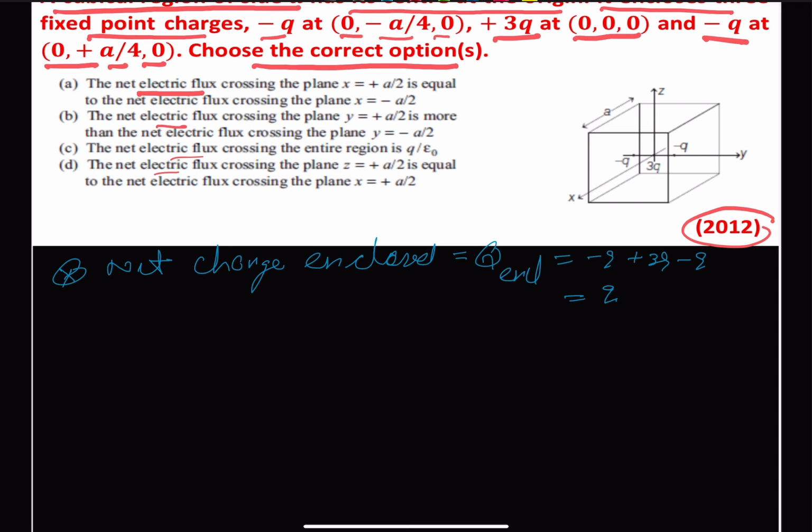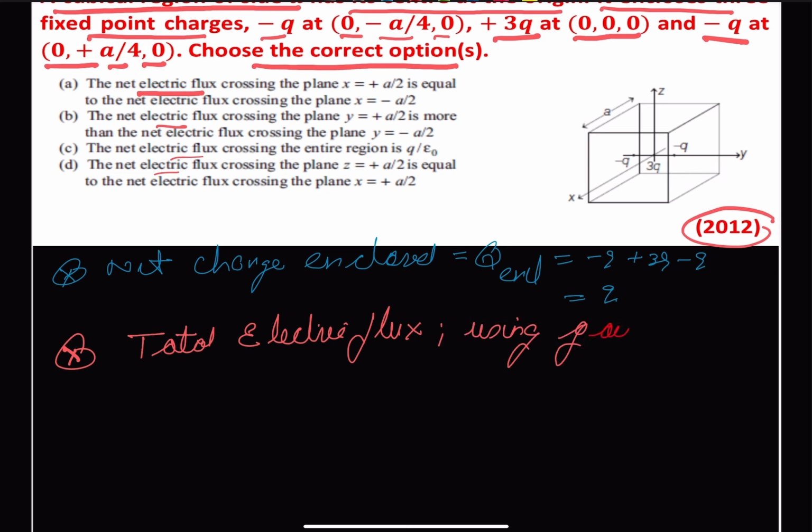Therefore, we can say that the total electric flux, using Gauss law, we can write that our flux total will be equal to our q enclosed divided by epsilon naught.